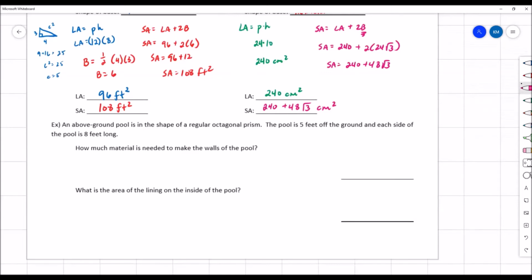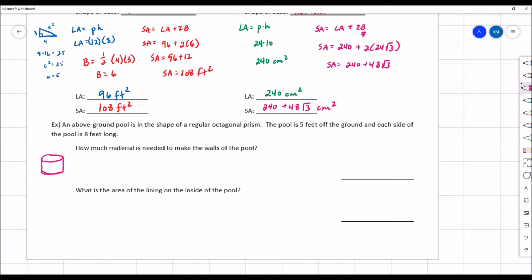Last example here, a real world example, where it says an above ground pool is in the shape of a regular octagon. I'm going to cheat. I'm going to draw a cylinder and just pretend that it's an octagon. That way I can talk about the important stuff.